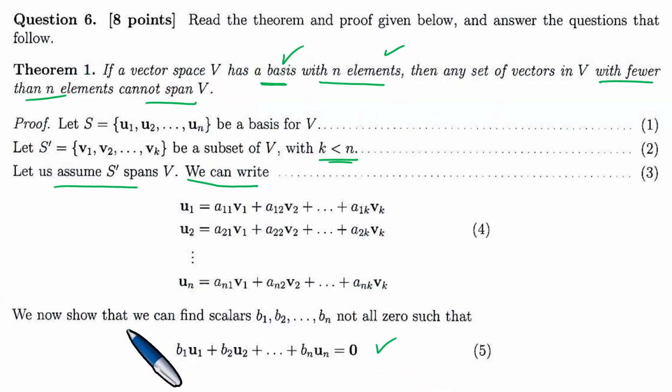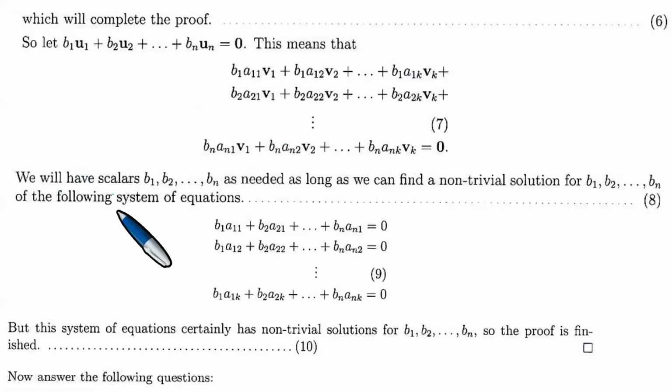We now show that we can find the scalars B1, B2, up to Bn, not all 0, such that this is the case, which will complete the proof.